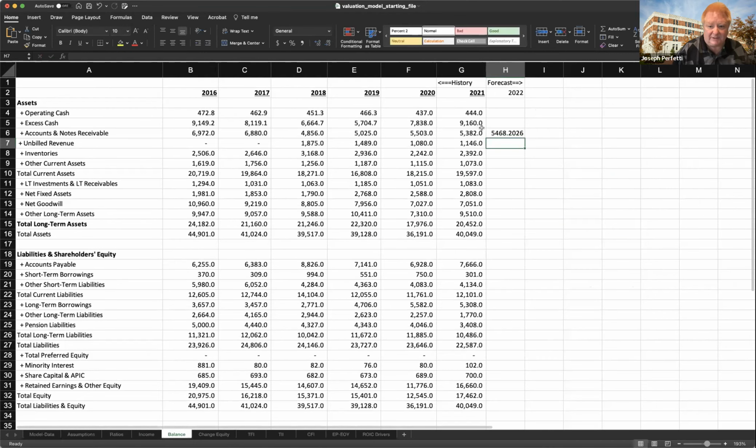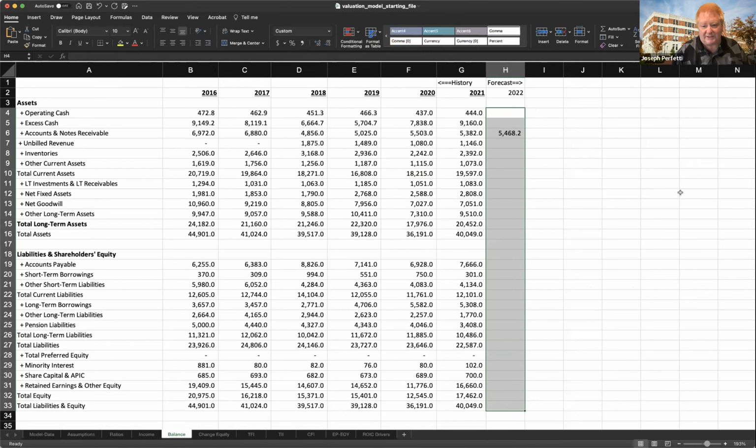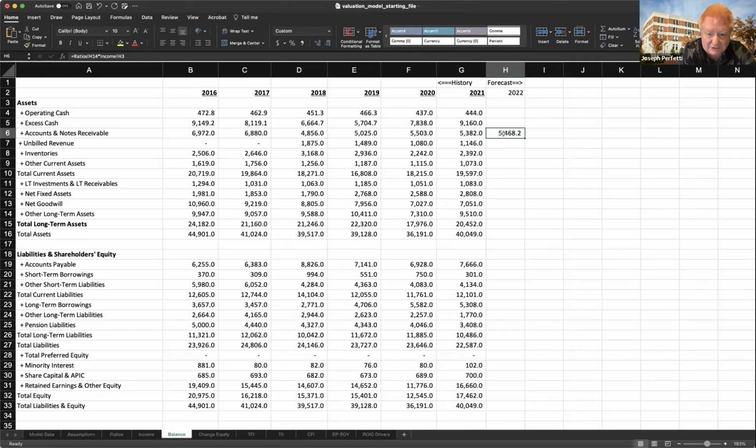Hit enter, 5,468.2 million euros of accounts and notes receivable. Now I'm going to select all of this to format it, comma, 1 decimal place, just to match. So that's my forecast for accounts and notes receivable, assuming that ratio holds true.